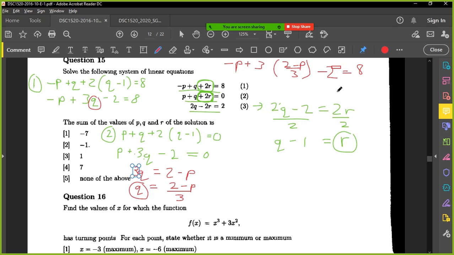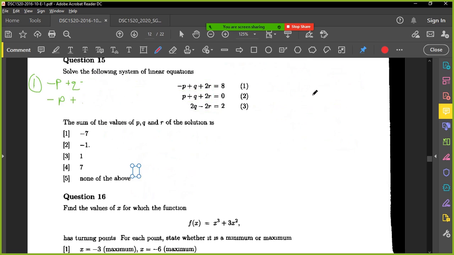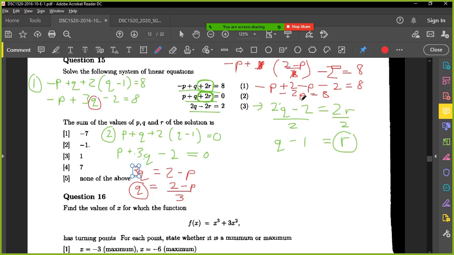First of all, the 3s cancel out, so that 3 will become a 1. So it's minus P plus 2 minus P. That will become minus 2P. So minus 2P plus 2 minus 2 is 0, equals 8. So what is P?